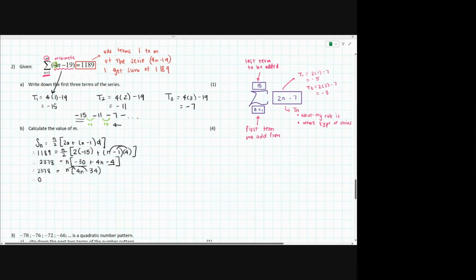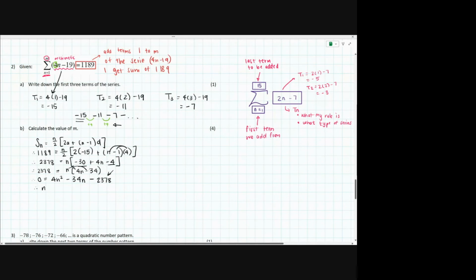So 4n minus 34. And then I need to distribute in that n coefficient. So I'm going to end up with a quadratic: 4n squared minus 34n, and I bring that 2,378 over. Right, so this is a quadratic. Again, grade 12s, I would not even bother to try and factorize that, particularly because of this last term. That's a horrible last term.